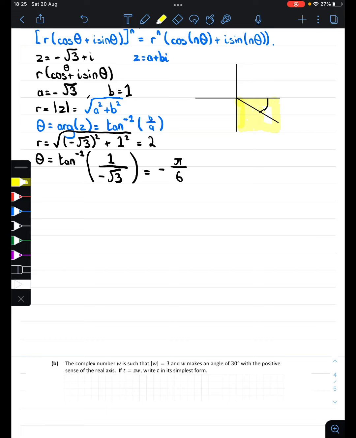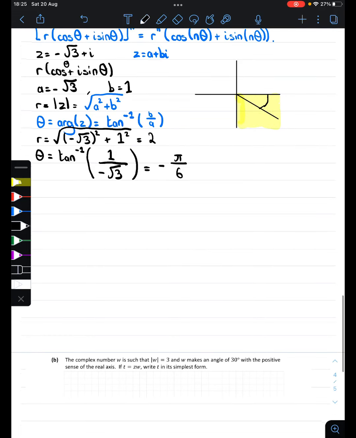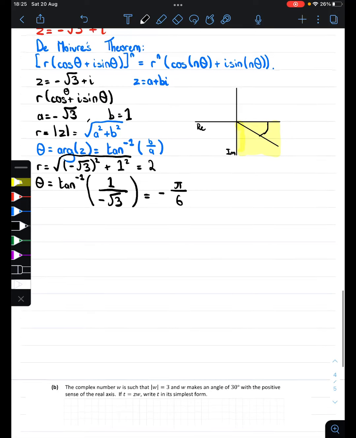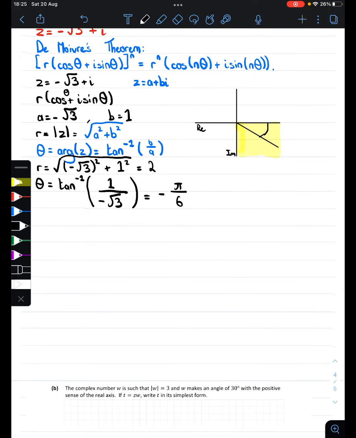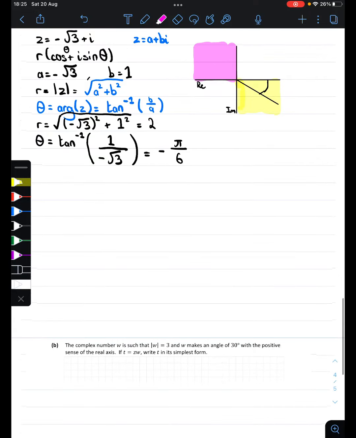But there's actually a problem, because we know that z is not in this quadrant. z has a negative real value and a positive imaginary value, which means it should be in this quadrant. And these are the two quadrants in which tan is negative, which is why we have a negative value here.